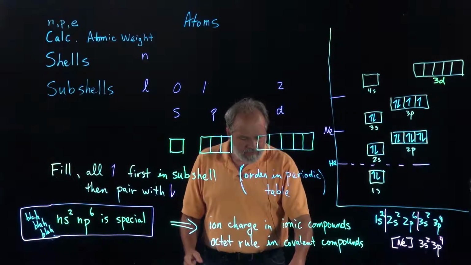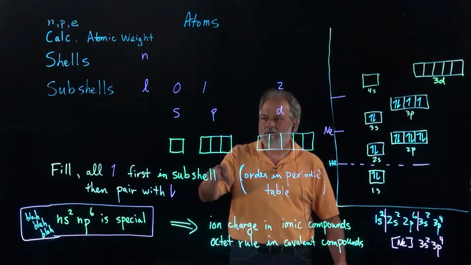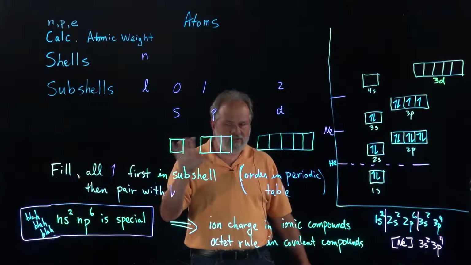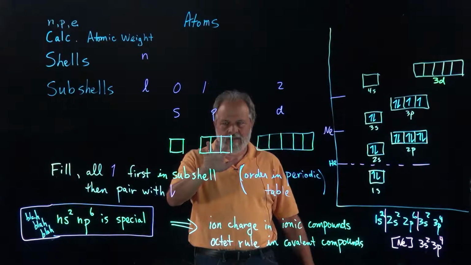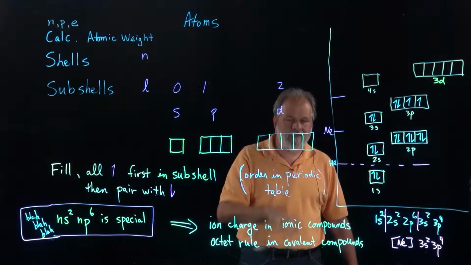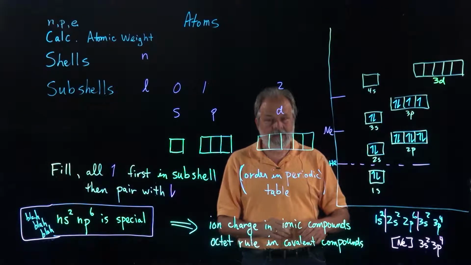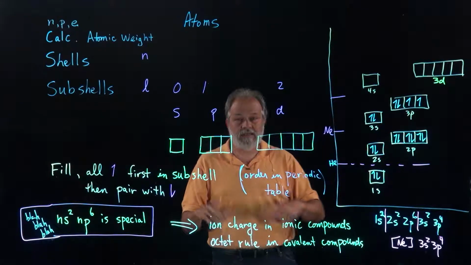But every time you get a new type of subshell, you actually have more boxes too. So S-type, there's only 1 of them. P-type, there's 3 of them. D-type, there's 5. And then the F-type, there's actually 7 boxes. And that means you can put in 14 electrons.